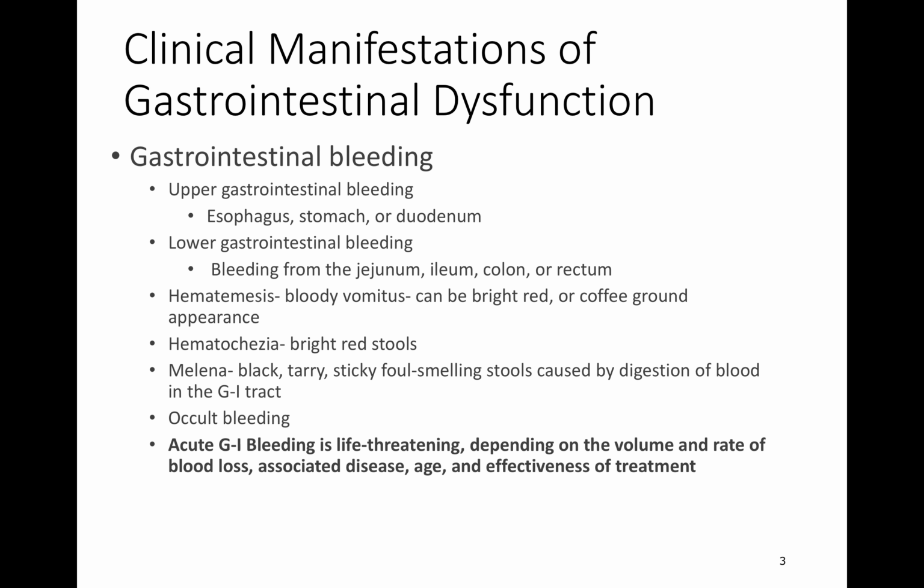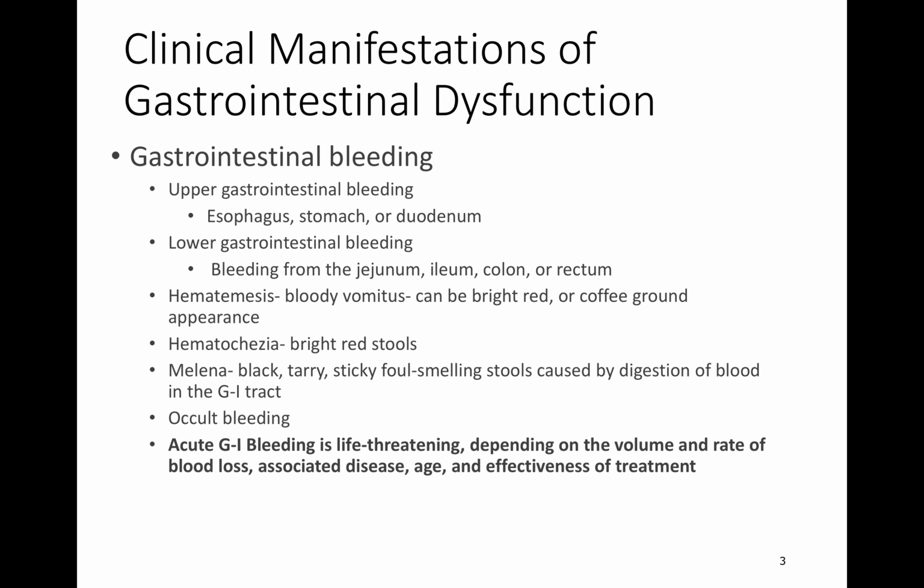Or there's another thing called a Mallory-Weiss tear at the esophageal gastric junction from severe retching, meaning severe vomiting. Lower GI bleeding is usually caused by bleeding from the jejunum, the ileum, the colon, or the rectum. It can be caused by polyps, inflammatory disease, cancer, or hemorrhoids.